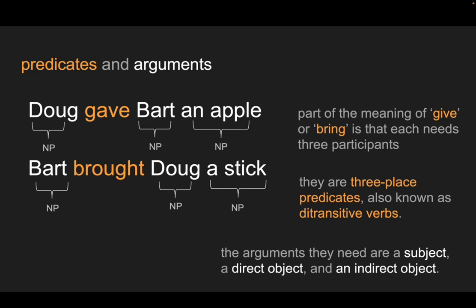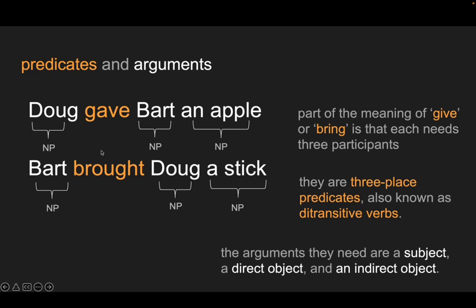Examples from English are the verb give and its arguments, the verb buy and its object arguments. So if there's a giving event, somebody has to do it, somebody has to receive the thing, and something has to be passed between those two participants, right?